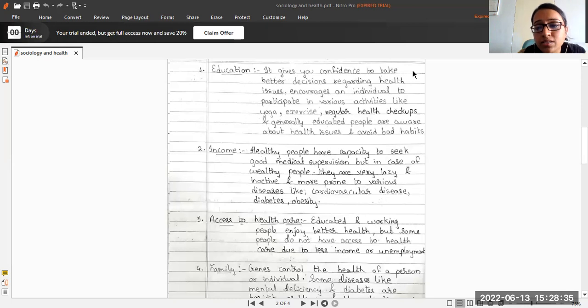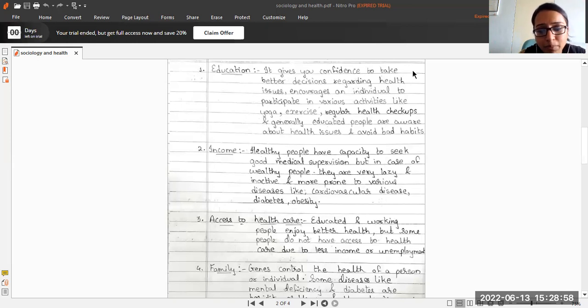Healthcare is needed by all and should be a facility to each and everyone, as it is a necessity for everyone. Educated and working people enjoy good health as they are aware of the health issues and how to help themselves get out of these health issues.